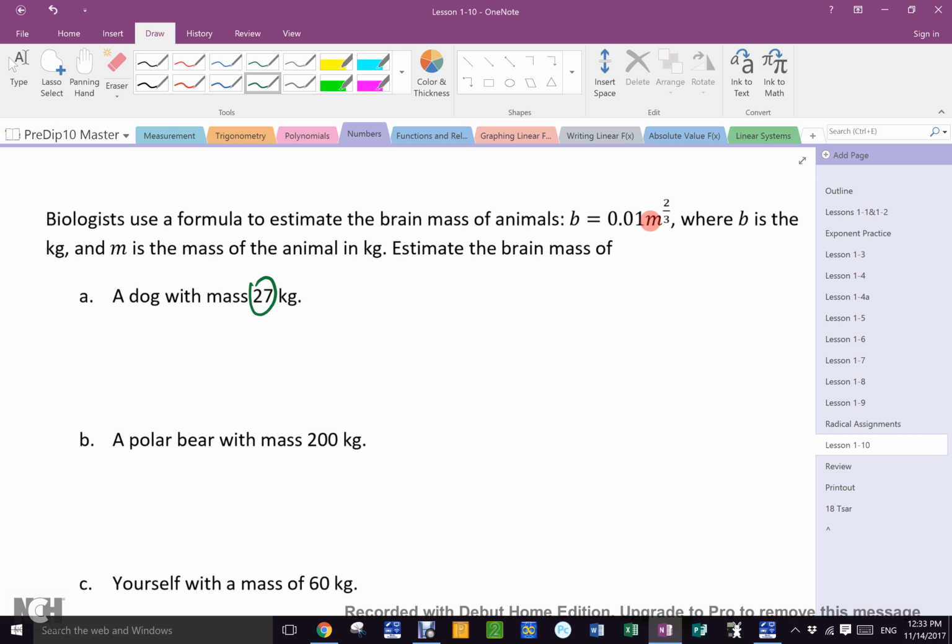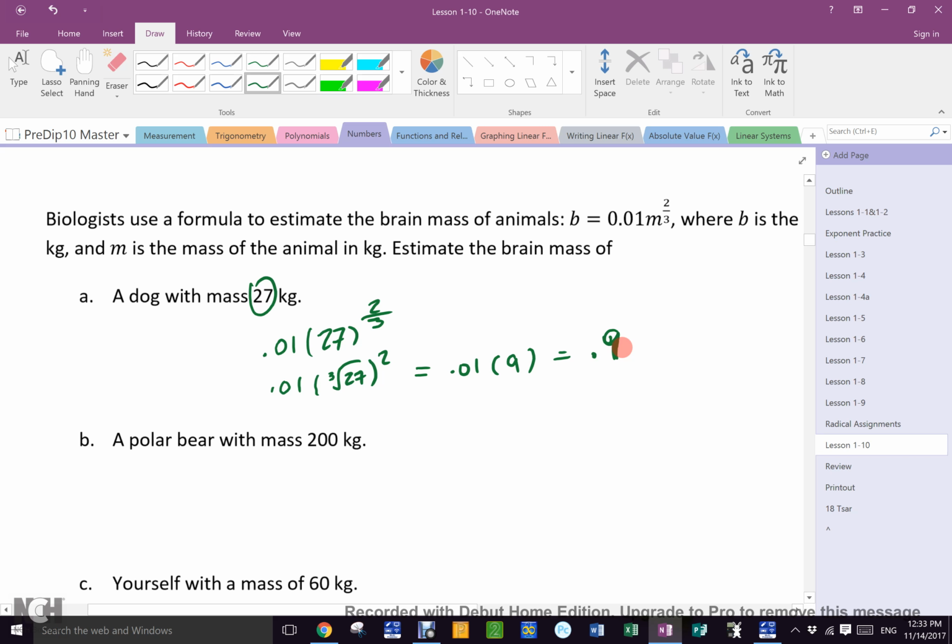All right? So we could even do the first one in our heads. 0.01 times 27 to the 2/3, yes? Which is 0.01 times the cube root of 27 squared, yes? Which would be 0.01 times 9, because the cube root of 27 is 3, 3 squared is 9. 0.01 times 9 is 0.9.